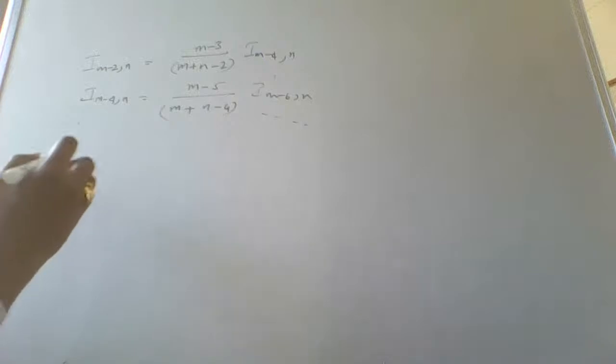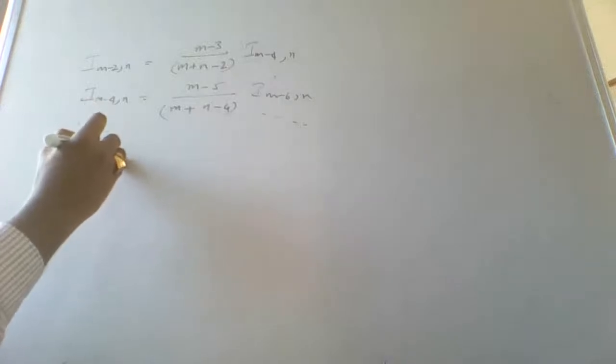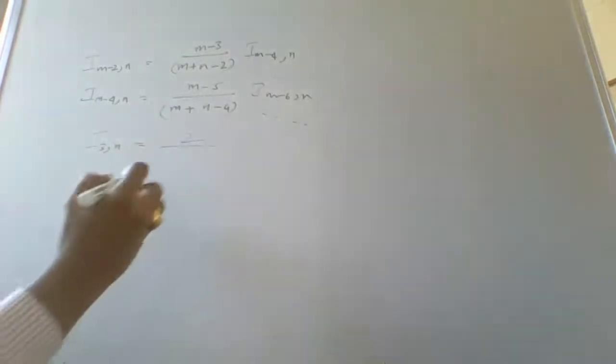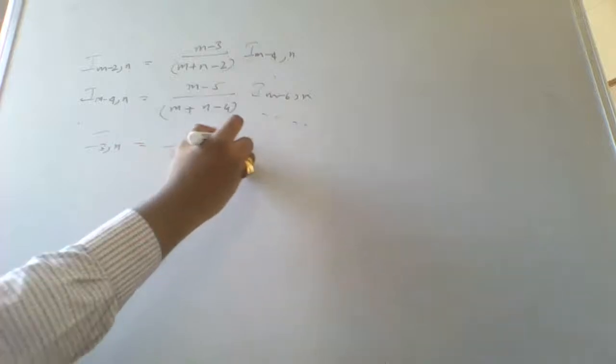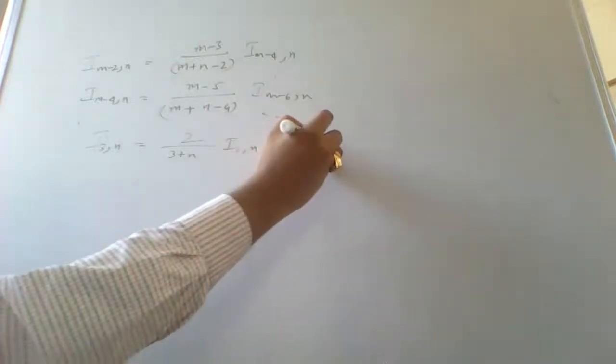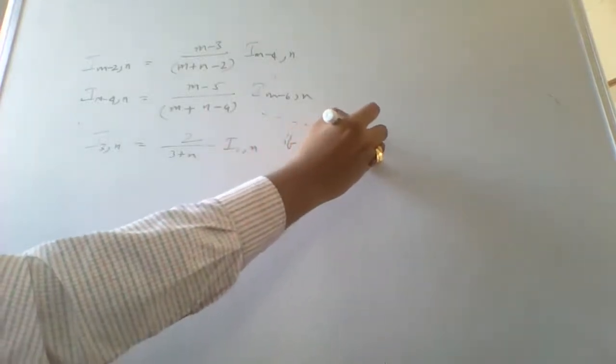Now if you look into this, I 3 comma n would be 2 divided by 3 plus n into I 1 comma n, if m is odd.